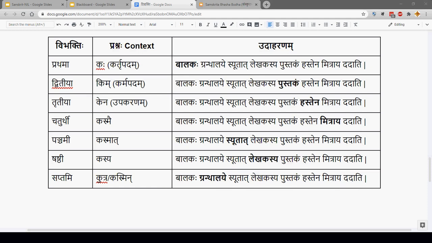But when another word comes like nagarasya, the order becomes important, because if you put nagarasya here, it would become Nagarasya Pustakam, the city's book, and Lekhakasya Granthalaye, the author's library. So the order becomes of significance there.